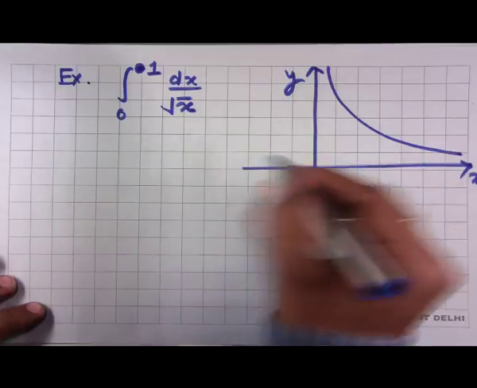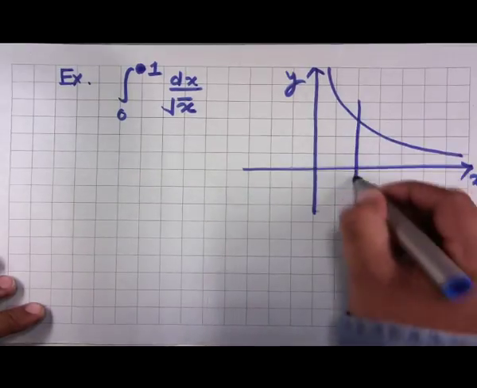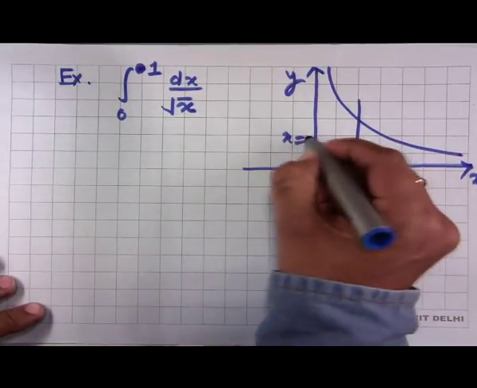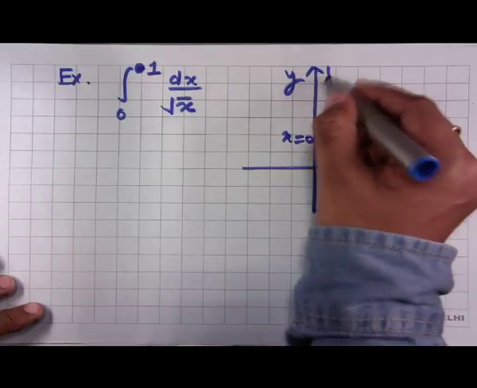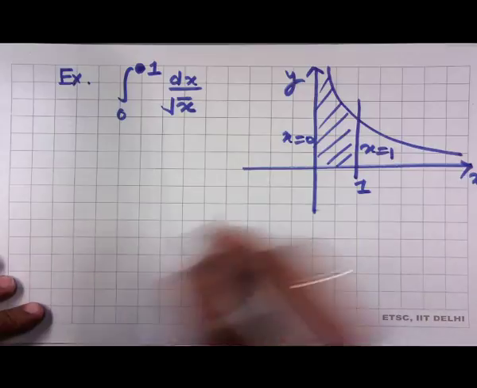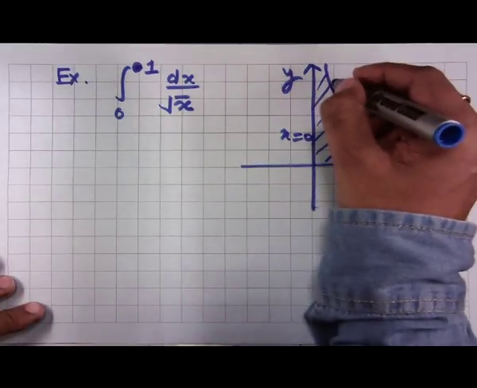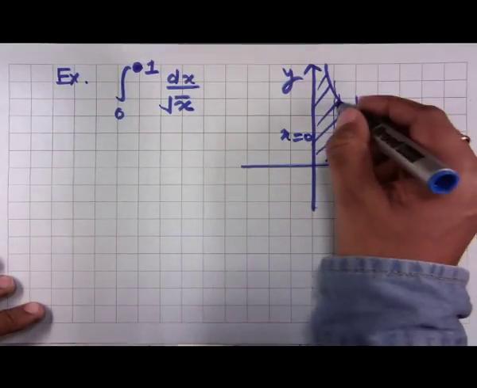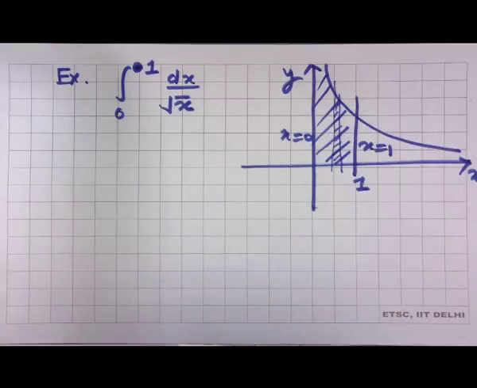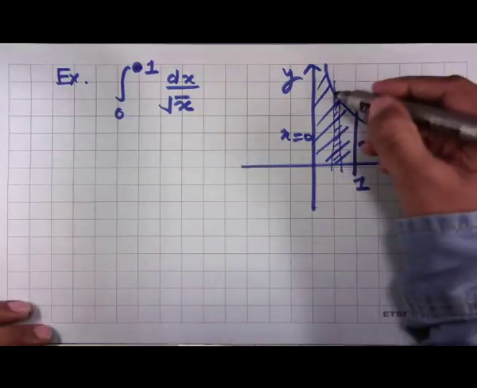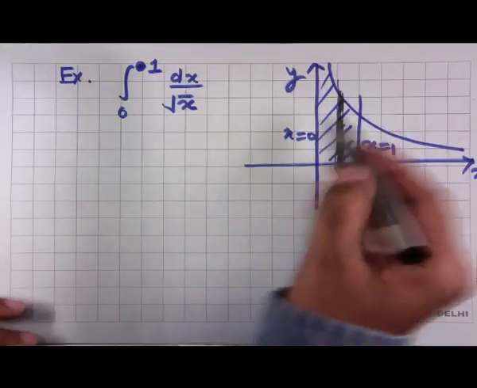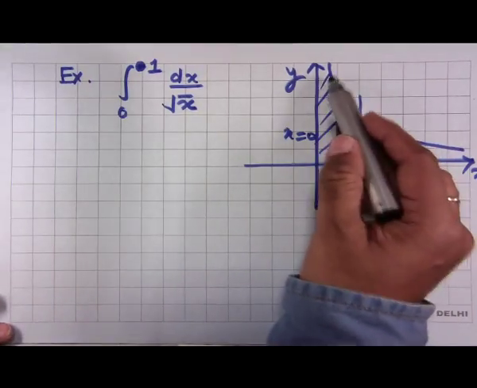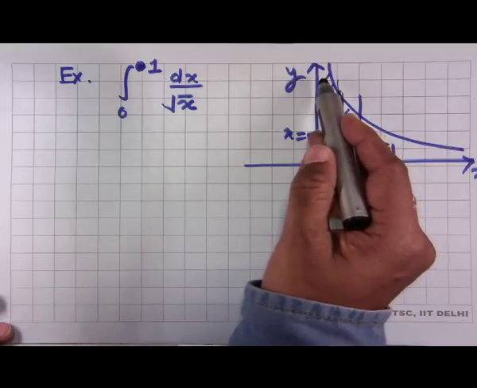This is x equals 0, this is x equals 1. So, you want to compute this area. If you draw it with very small rectangles, when you move towards 0 you will not be able to write the area of the rectangles, because the function value tends to infinity.